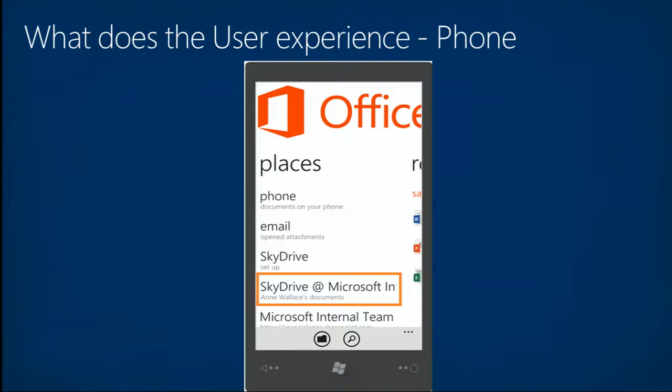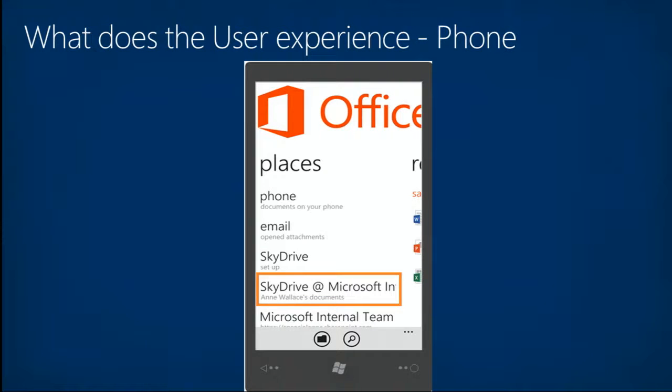As soon as you set up your Outlook, your Office Hub is all set up when it comes to SkyDrive Pro. I've just highlighted what you'll see. This is a Microsoft account, so you'll see SkyDrive Pro at Microsoft, but in your case, you'll see SkyDrive Pro at some other place.